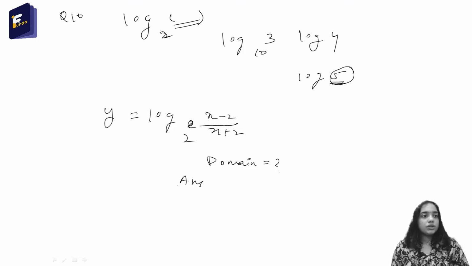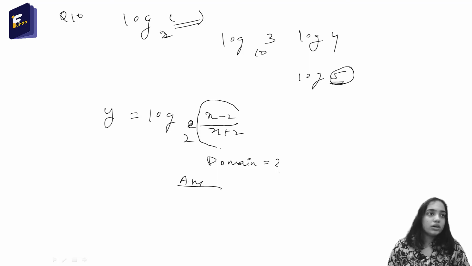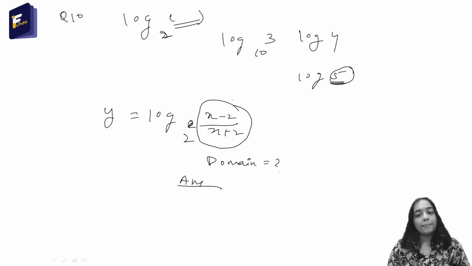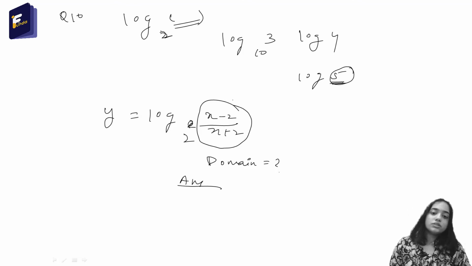Okay, so the answer is, similar to the first question, as we are taking the log of this whole thing, this whole thing should be positive, greater than 0. So for it to be positive, both numerator and denominator will be greater than 0, or both will be less than 0.